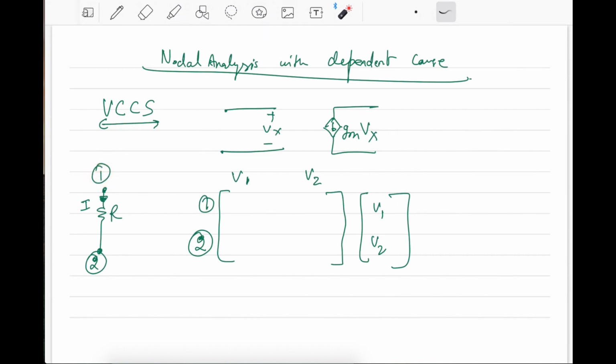If you consider only this one, at node 1 you have only R connected, so this diagonal element will have only G, because it is a summation of all the resistances connected to node 1. For V2 also you see only resistance R, so it will also be G, as simple as that.